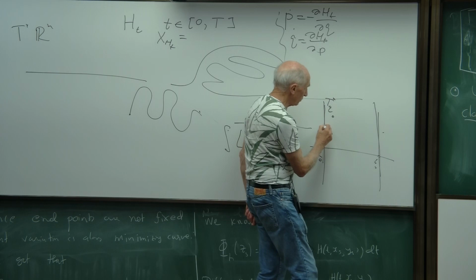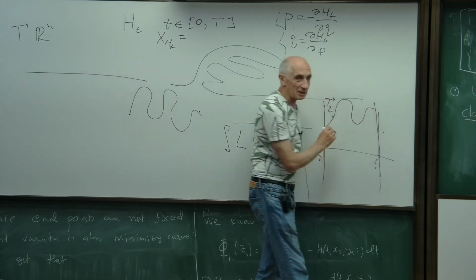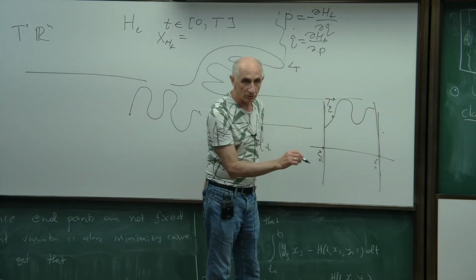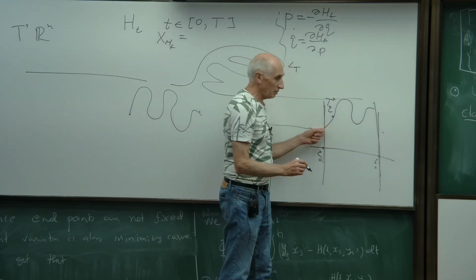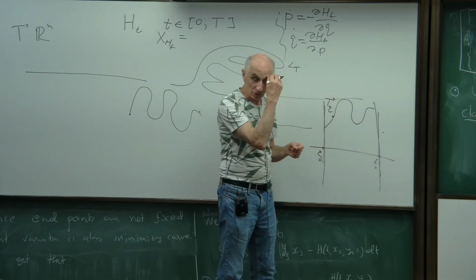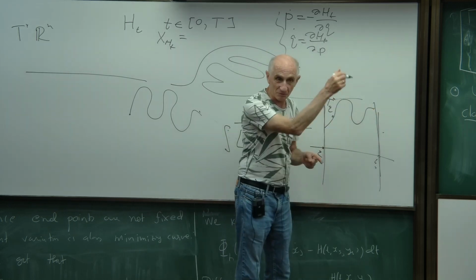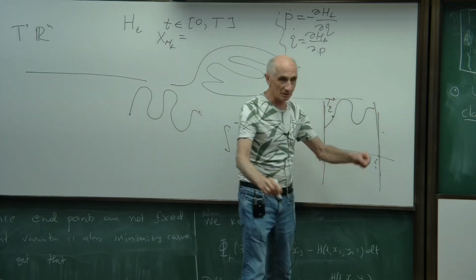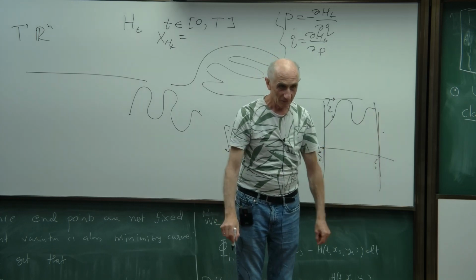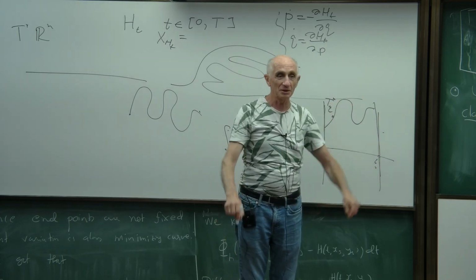And now you would like to understand what are the trajectories of our Hamiltonian system that minimize this. You want to take a trajectory between this fiber and this fiber. So you fix the coordinate in the configuration space, but not in the phase space, right?